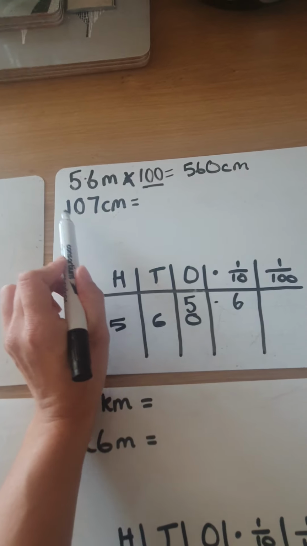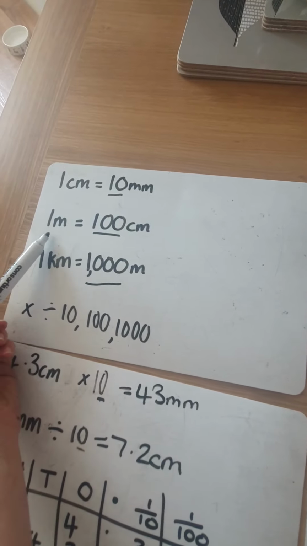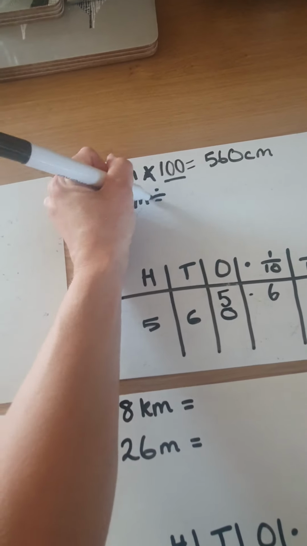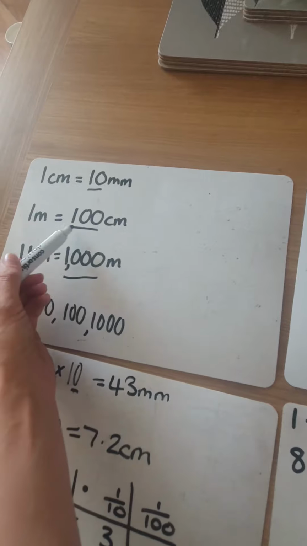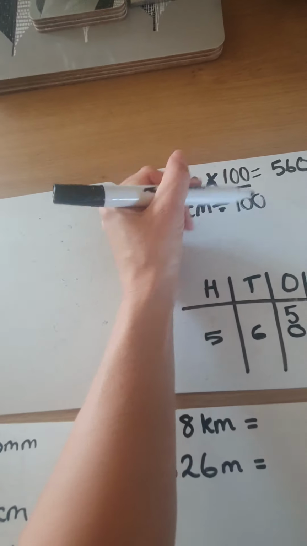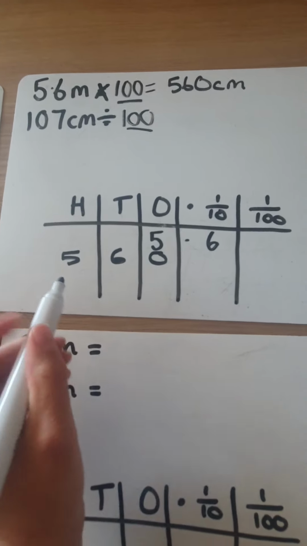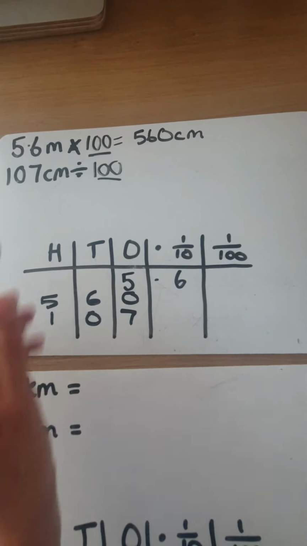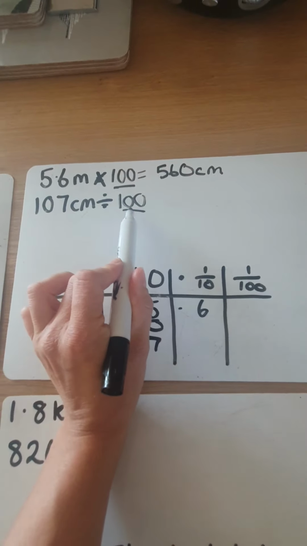You've got 107 centimetres. We're going from centimetres to metres, so there are less, so therefore we are dividing. We're dividing by 100 because there are 100 centimetres. We're going to write our digits in the place value column, so 107. 2 placeholders, move it 2 places.